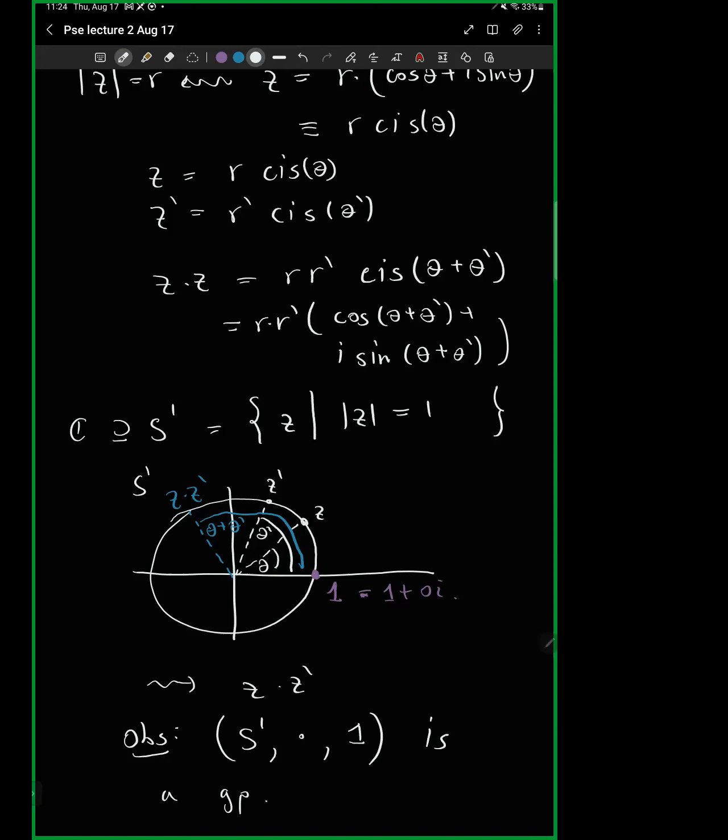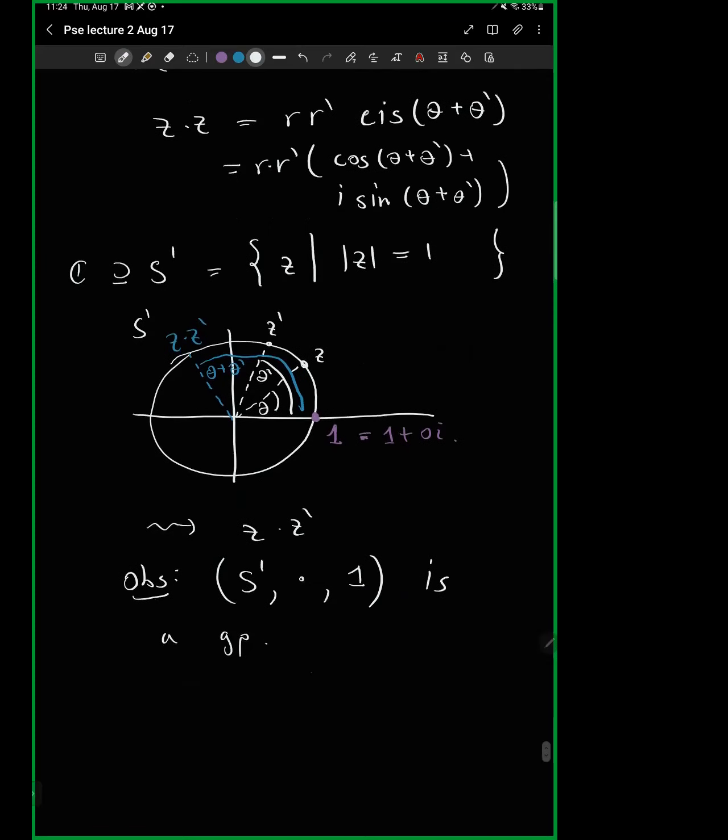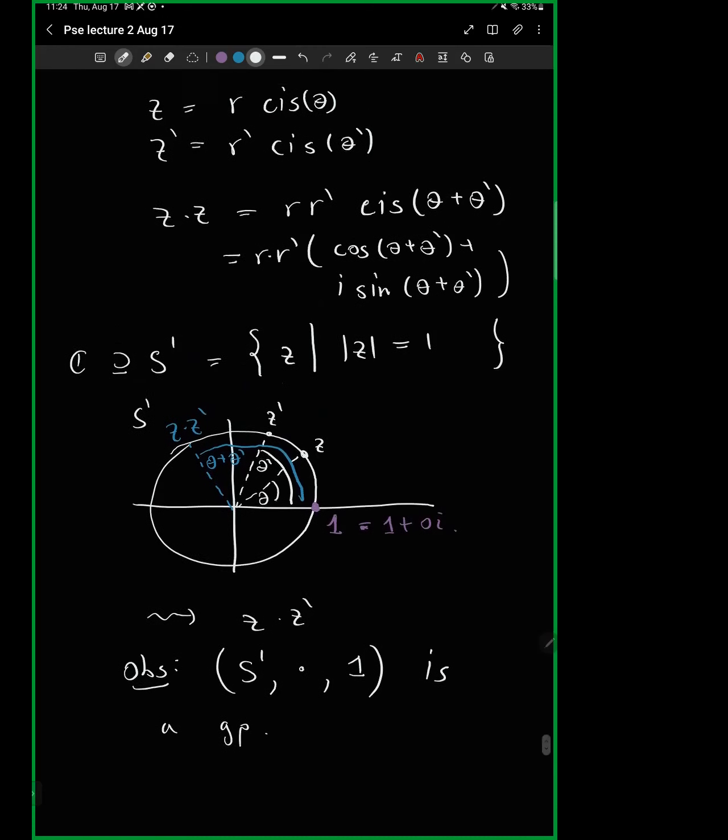Well, associativity of the binary operation follows from associativity of multiplication of complex numbers, which in turn, if you think of it, simply follows from associativity of multiplication of real numbers.